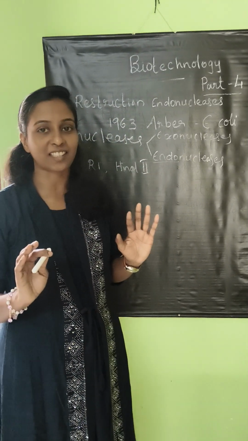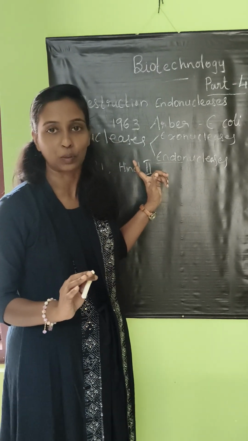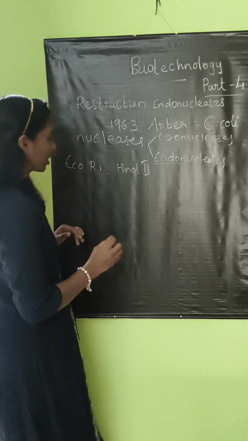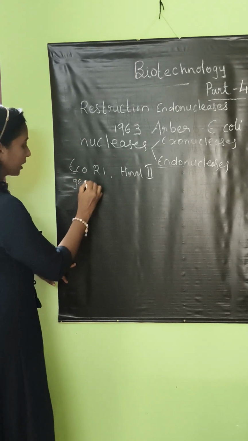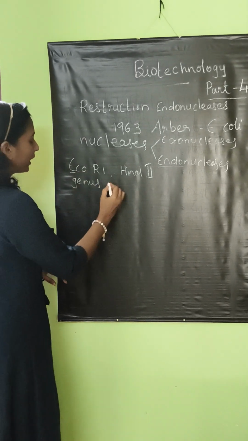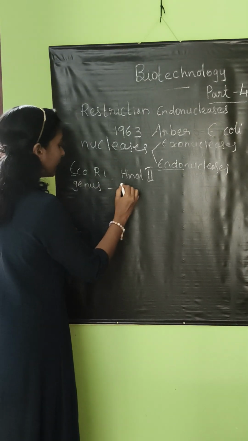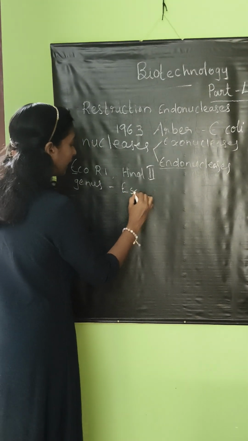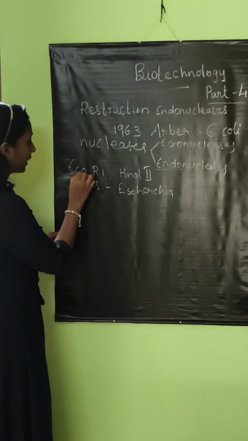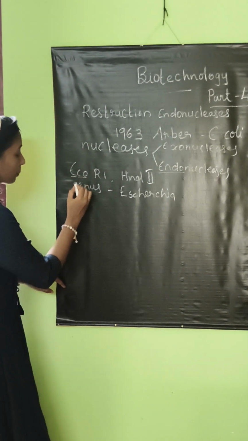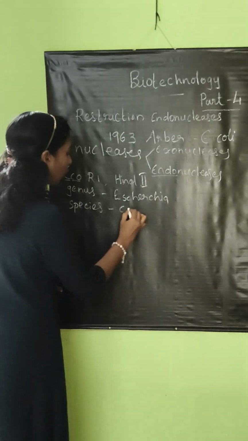First of all, we can understand the nomenclature, how to name the restriction enzyme. The first letter belongs to the genus, so E is for the genus Escherichia. The next two letters belong to the species name, coli.